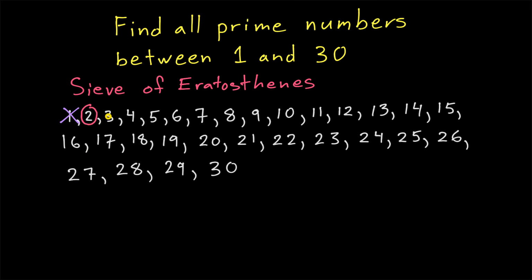And then cross out every multiple of 2 in the remaining list. So you circled 2, then go 2 times 2, which is 4, and cross that out. 2 times 3 is 6, and cross that out. Or another way you could do it is after some number that you've crossed out, just add 2.